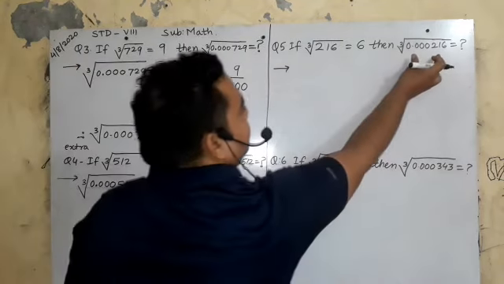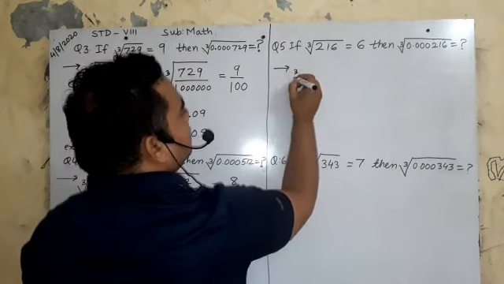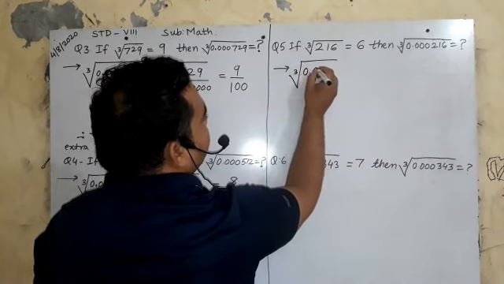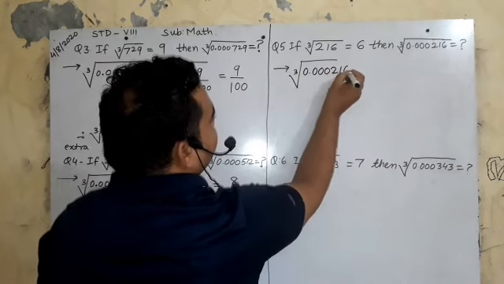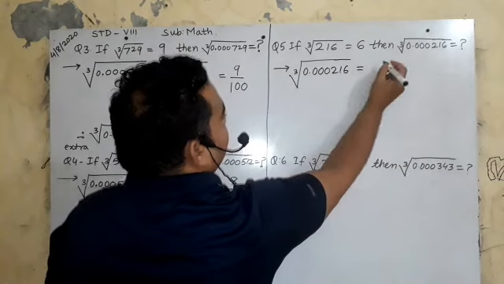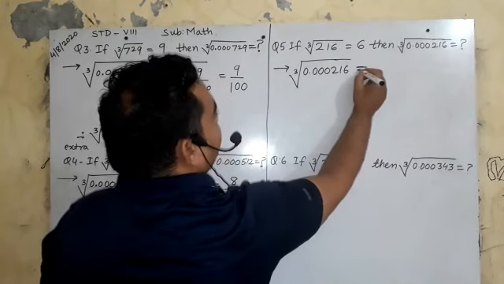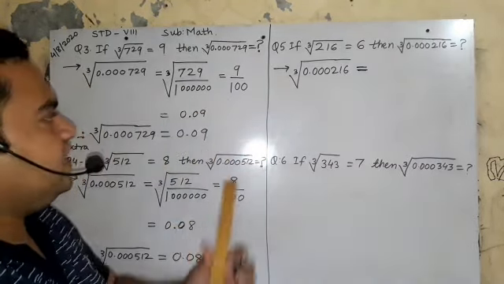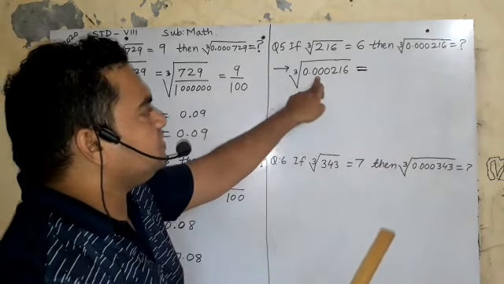Now here also see, if the cube root of 216 is 6, then what is the cube root of 0.000216? First I will write this term here. I will write this in fractional form. You don't want this decimal point.